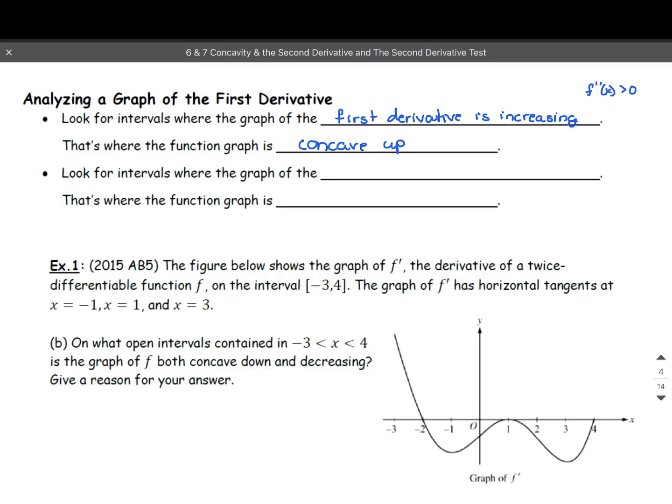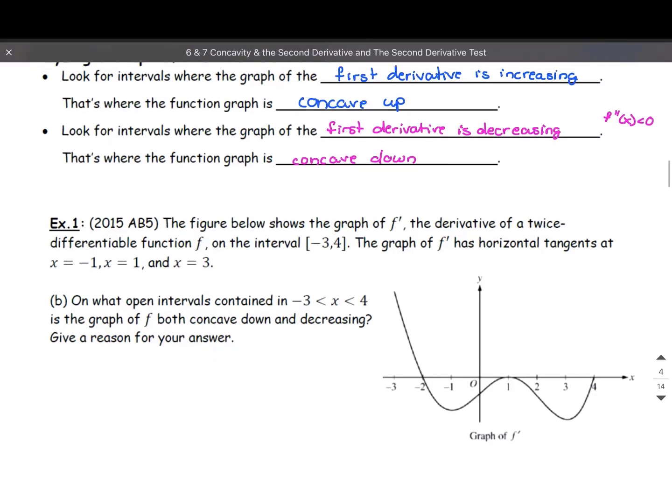When you're looking at a graph of the derivative, if the first derivative is decreasing, remember, that only happens if the second derivative is negative, and that's where the function is concave down. So if you're given a graph of f prime, your reason for concavity should have nothing to do with the second derivative. It should have to do with whether the derivative is increasing or decreasing.